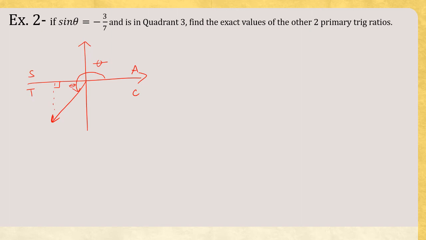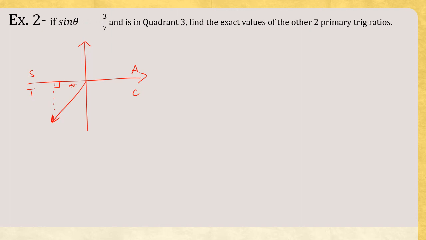And if you can call it something, you can call it beta if you want, or theta 1, theta 2, x, y, whatever. This doesn't say standard position, so I might even just erase that to avoid confusion. Okay, so we're there. And it makes sense because it's in the third quadrant where only tan is positive.